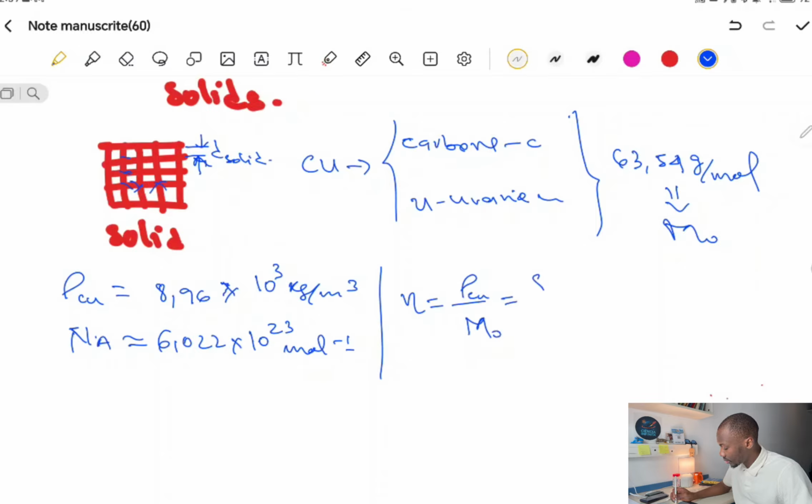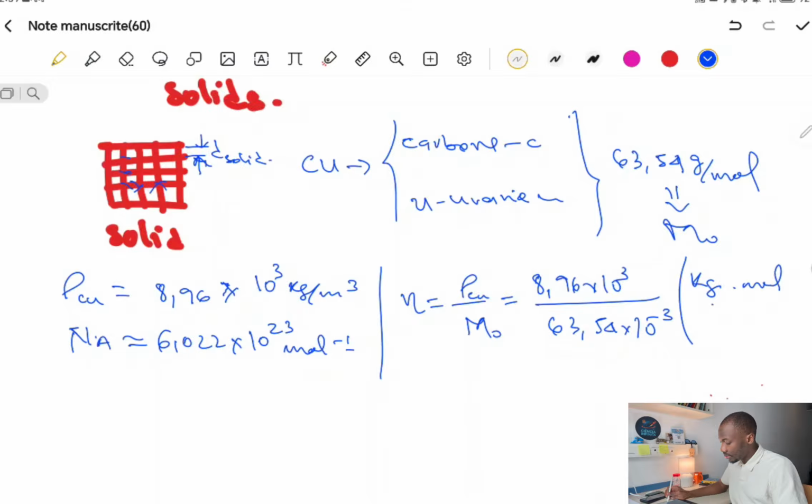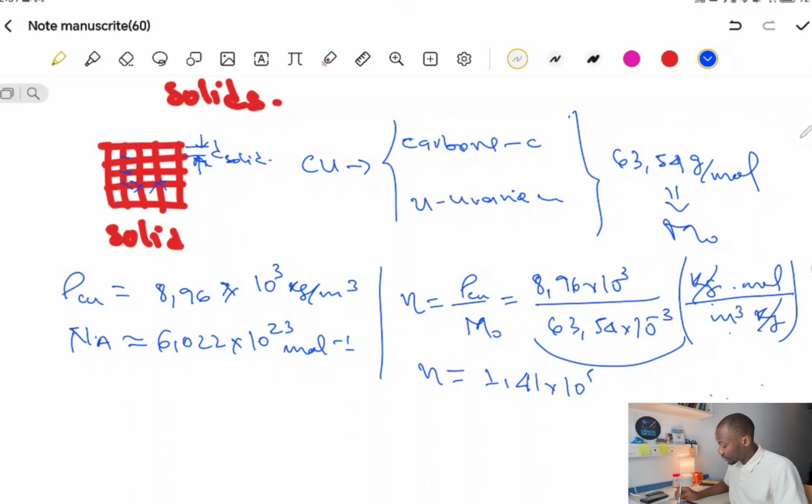If we do this calculation, and to better know the units, we have to do a kind of this, and we'll find that moles per cubic meter is the unit of number of moles per each cubic meter. If you compute this, then we'll find out that the value of the number of moles per cubic meter is 141 times 10 to the power of 3 moles per cubic meter.